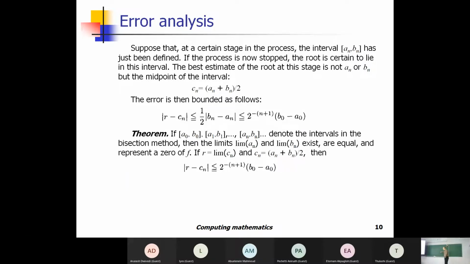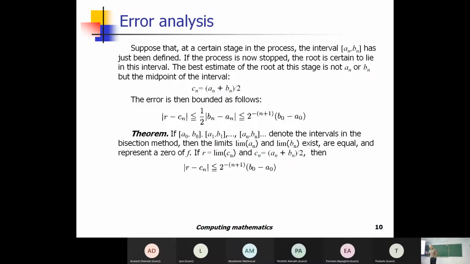I can take A as approximation to the root. I can take B as approximation to the root. But actually, it's better to take Cn as approximation to the root. And what will be the mistake? What will be the error? Error is the difference between the unknown root and Cn, R minus Cn.